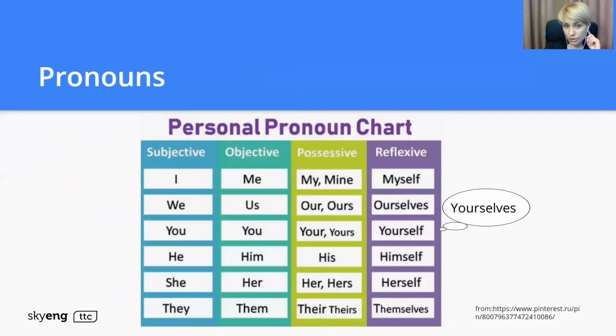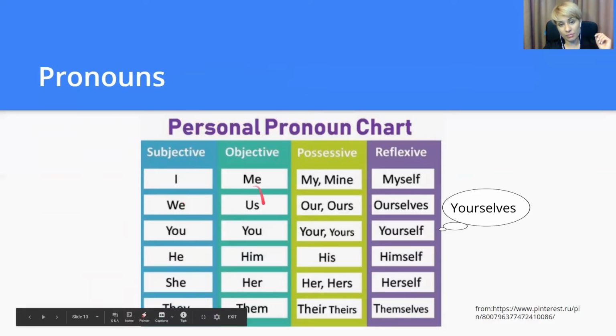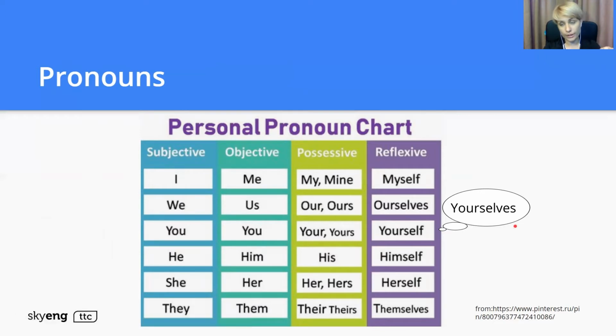If we talk about pronouns, we also teach them these forms, make sure that they know these forms, make sure that the self suffix is used when the action emphasizes that the person has done it, him or herself.